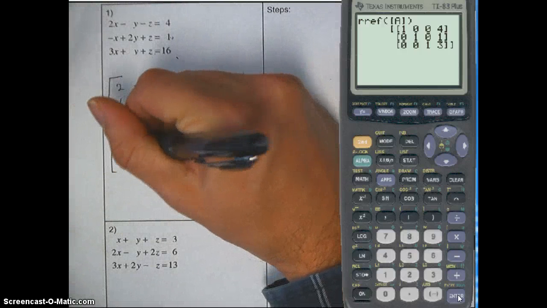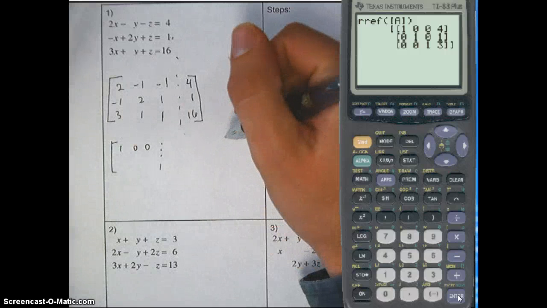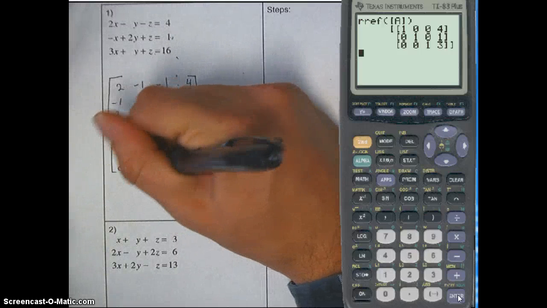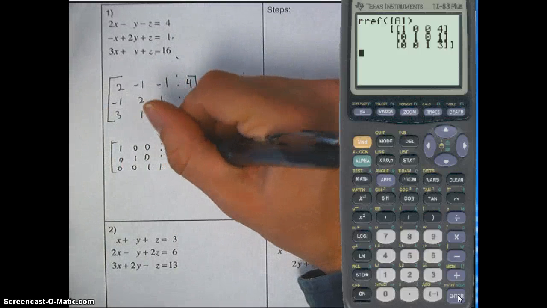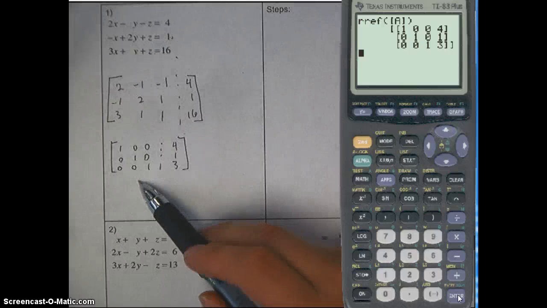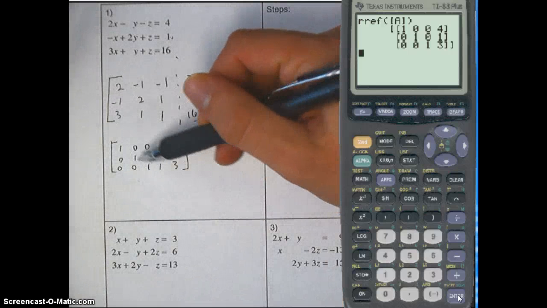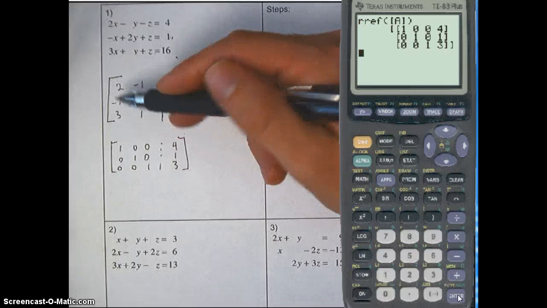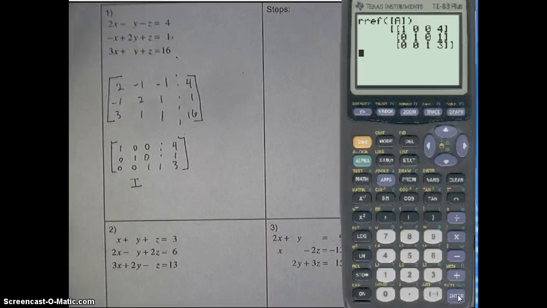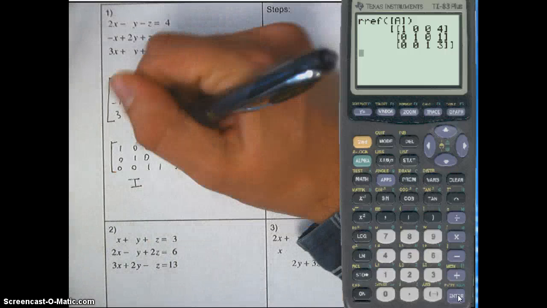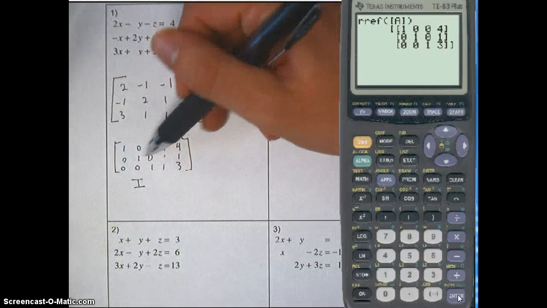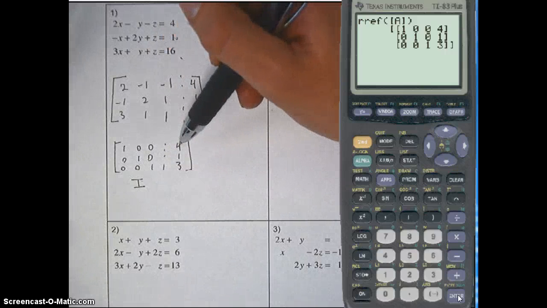I'll write this down. It's telling me 1, 0, 0, 0, 1, 0, and 0, 0, 1, and over here a 4, a 1, and a 3. The calculator is telling me two things. Whenever you see a diagonal of 1s and 0s everywhere else, we call that the identity matrix, also known as an I. If you get that, you've solved the system of equations.